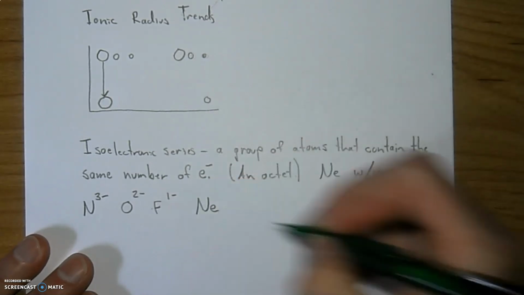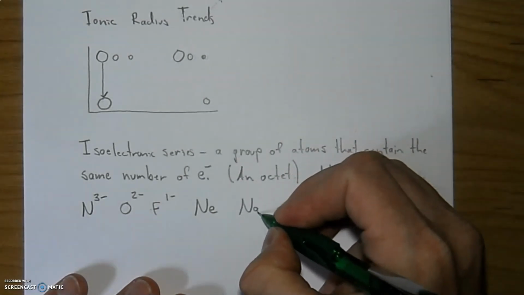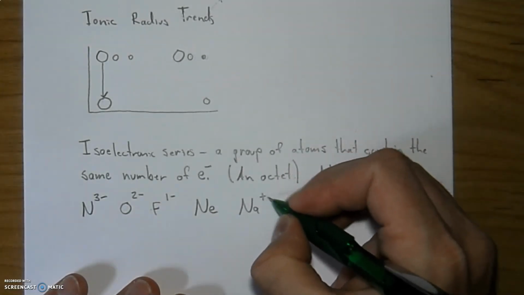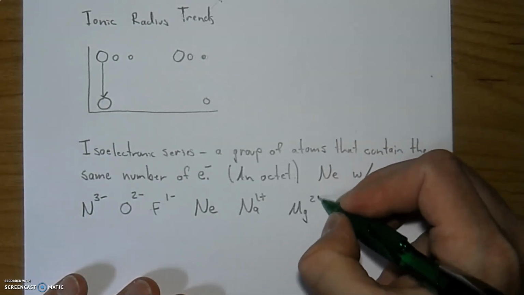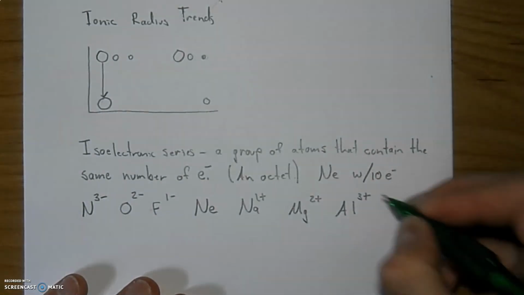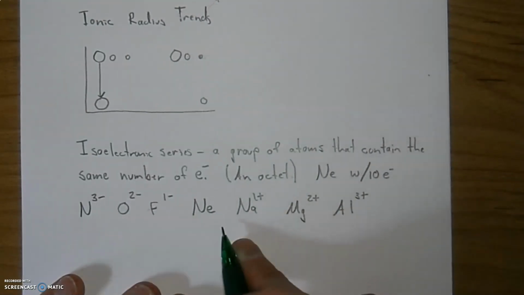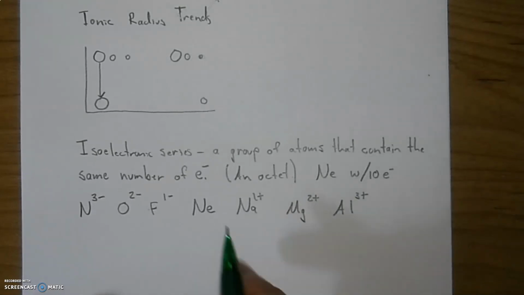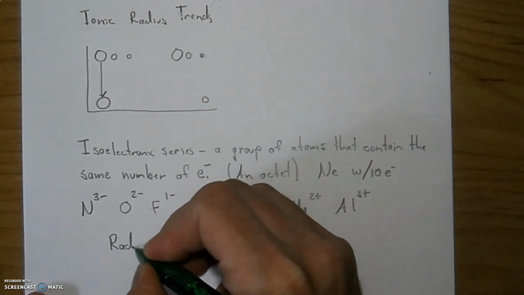Then you've got stable, neutral neon, and then sodium +1, magnesium +2, and aluminum +3. So all these are either gaining or losing electrons to end up in this electron configuration, which is stable for them. Not at all uncommon.